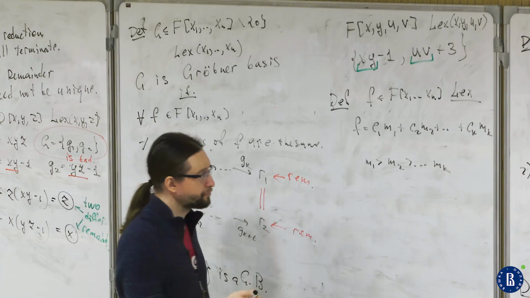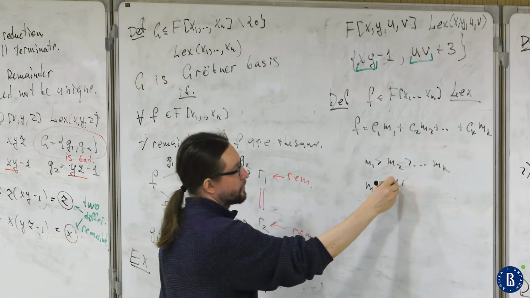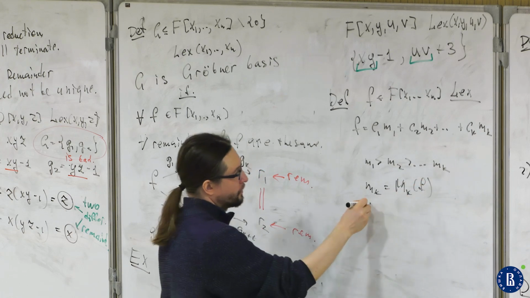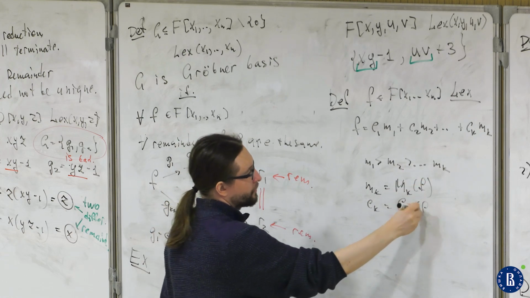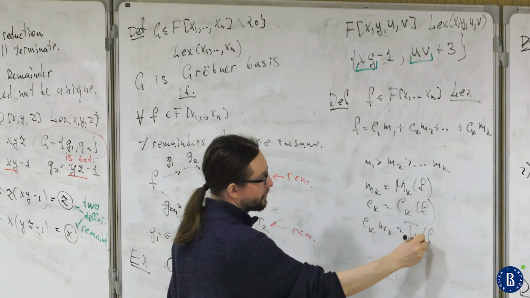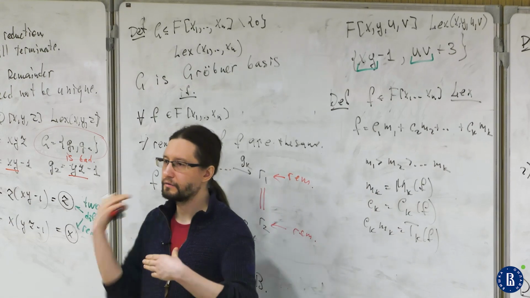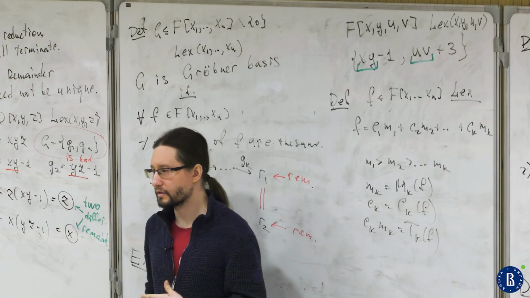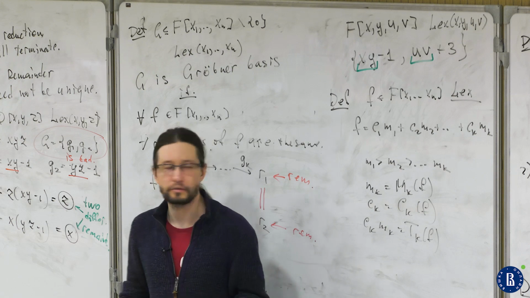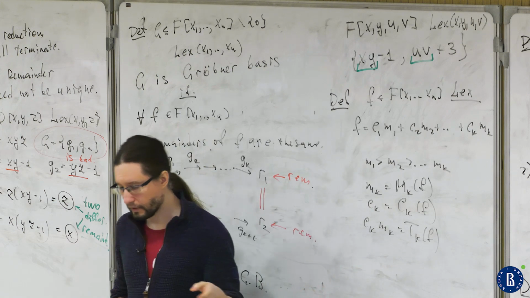I want to denote mk as mk of f, ck as ck of f, and the product ck·mk as tk of f. So basically, m1 is the highest possible monomial, m2 is the second highest possible monomial, and so on. I just want to use this notation during the proof of the claim.